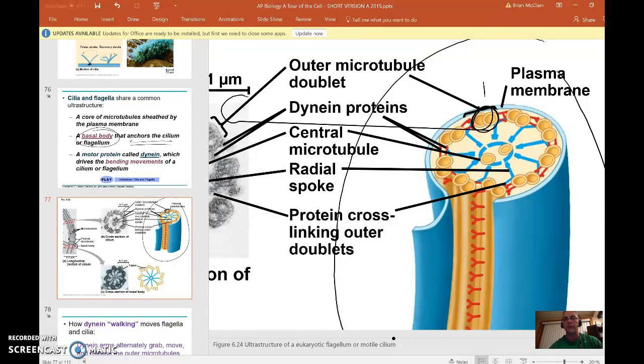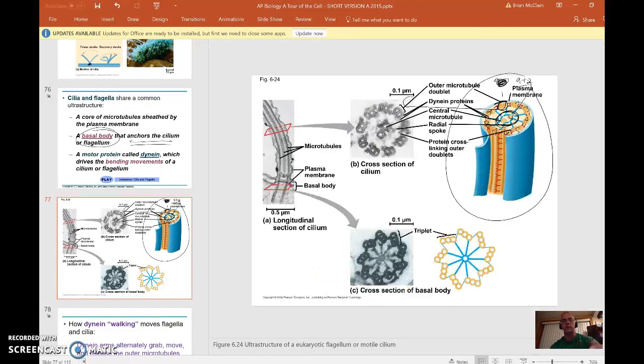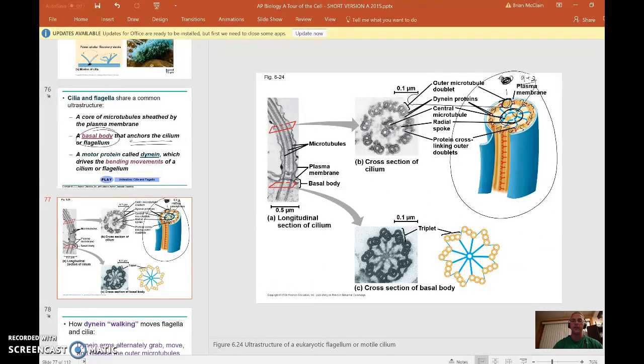And if you look at the sets, you've got 1, 2, 3, 4, 5, 6, 7, 8, 9. So a lot of times you might see a 9 + 2 configuration, or 9 doublets, and then you have these 2 in the middle. If you see anything that says a 9 + 2 configuration, that's referring to the 9 doublets and then the 2 that are inside of here that make up the overall structure of our cilia.